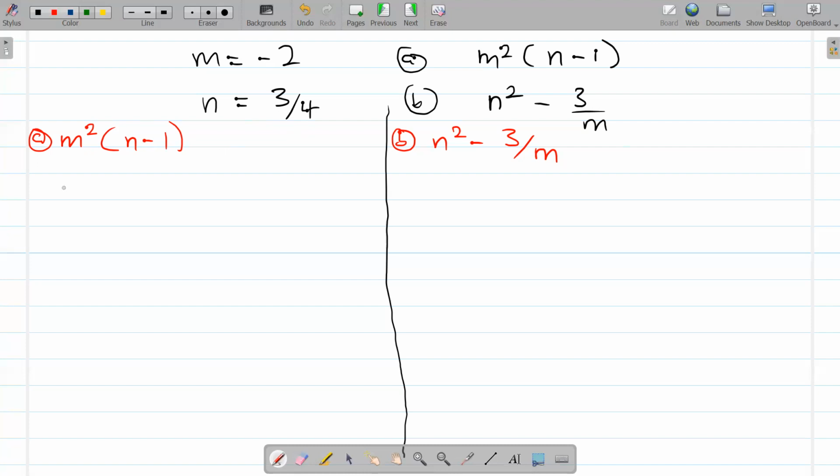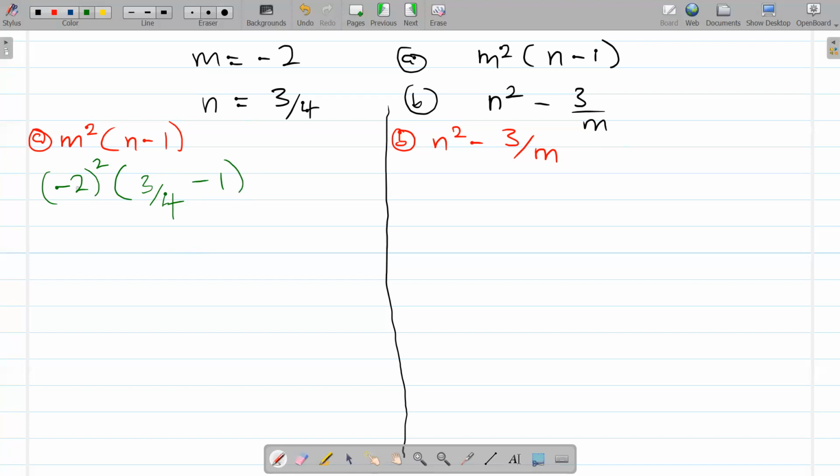Let's break it down first. So we open another bracket. What's the value for N? 3 over 4. Minus 1, right?